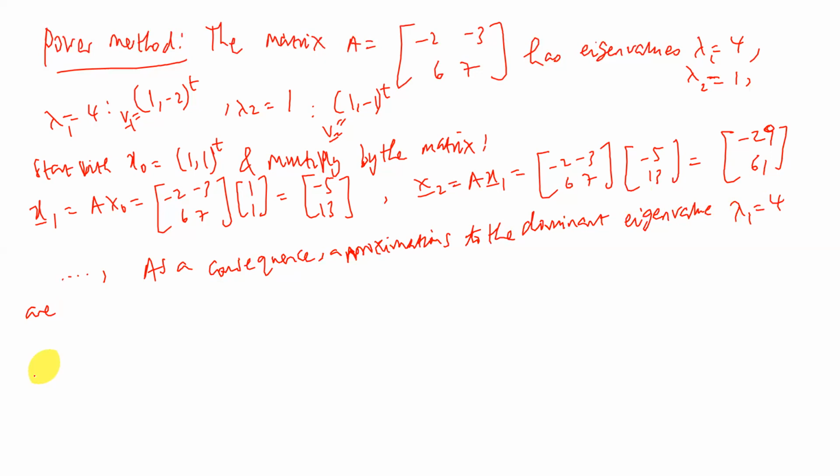So when I have lambda 1, for example, for the first step, it is exactly 61 out of 13, and then lambda 1 for the second step.